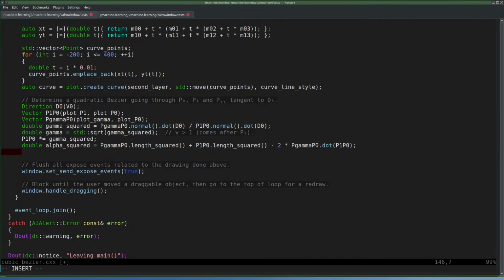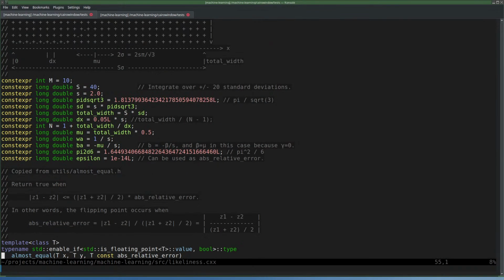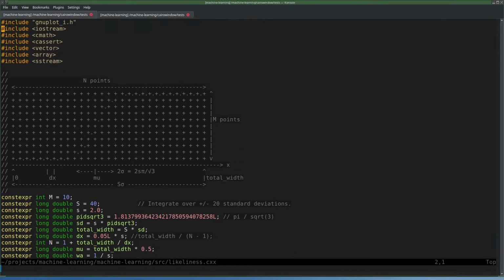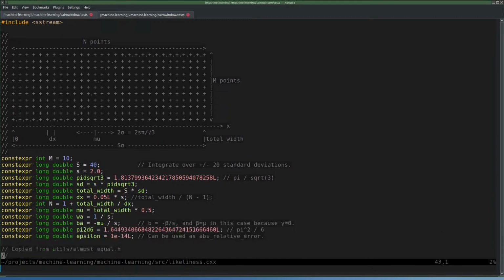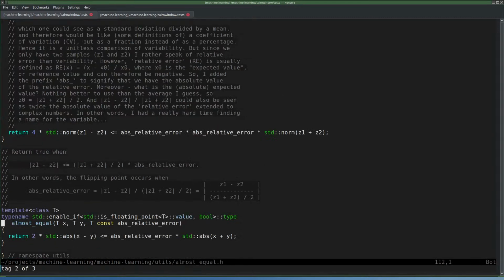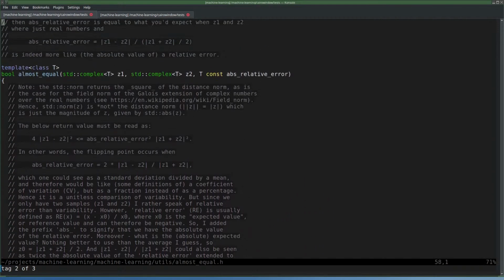Okay. No, that's not what I was looking for. Yeah, std norm returns the square of the distance norm, as is the case with the field norm of the Galois extension of complex numbers over the real numbers.